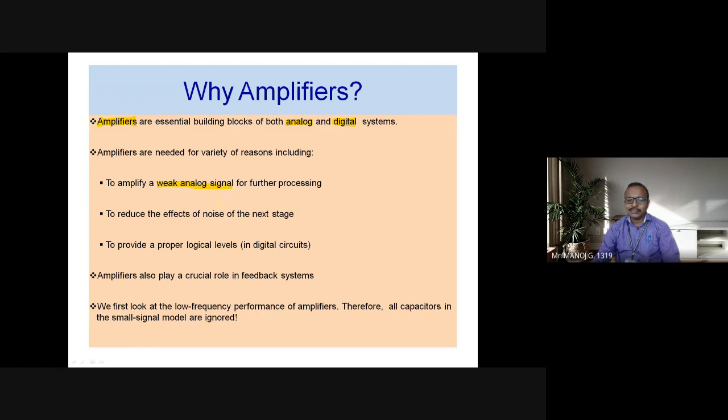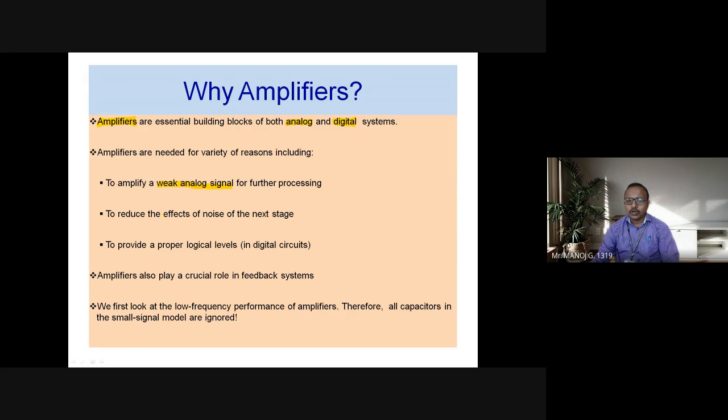Weak in the sense the strength of the signal, right? Every signal has a strength. Obviously, you will understand when you use a mobile: if the signal strength is not good, you will not be able to properly hear the voice. So that indicates that it is a weak signal. So that weak signal has to be amplified, right? So that is the first and foremost reason why we go for an amplifier, right?